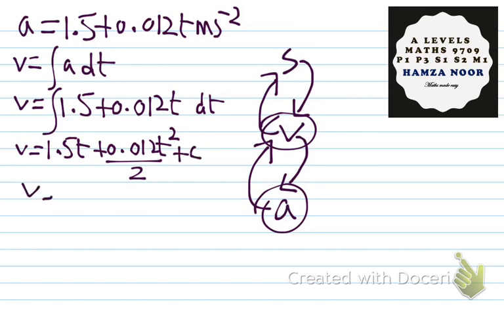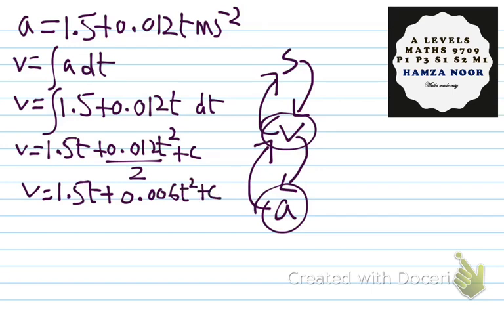So v is equal to 1.5 t plus, how much is that, 0.012 divided by 2? This is 0.006, just to make sure.